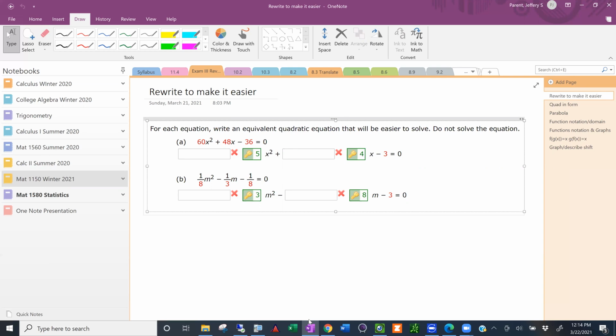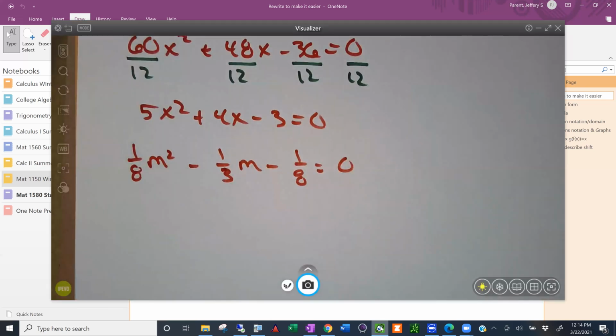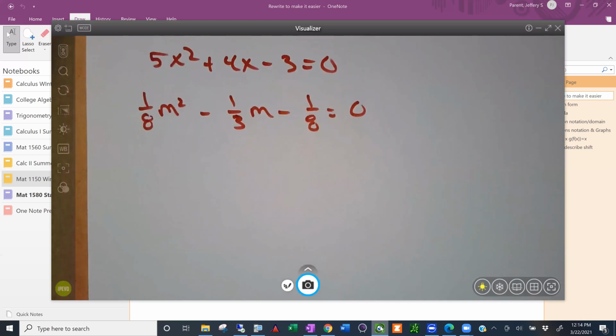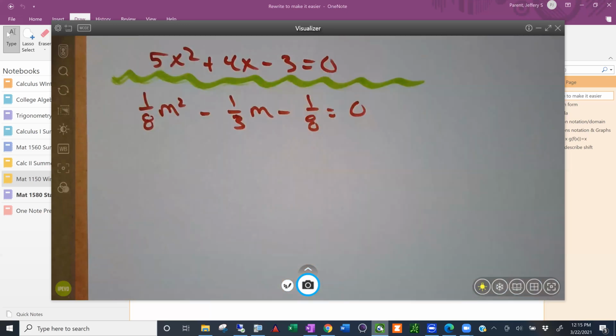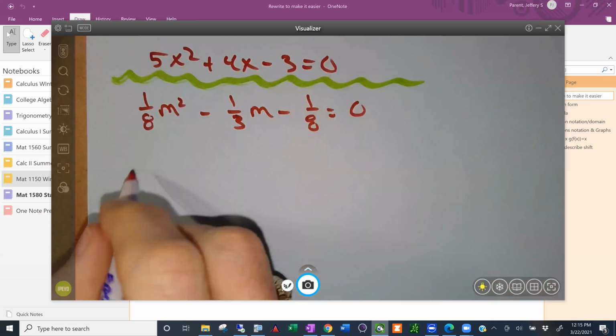1/8 m squared minus 1/3 m minus 1/8 equals 0. So kind of like the last one, I want to rearrange this one. And the idea would be to multiply everything through by the lowest common denominator. So the question is, what's the LCD for something like this? 24.